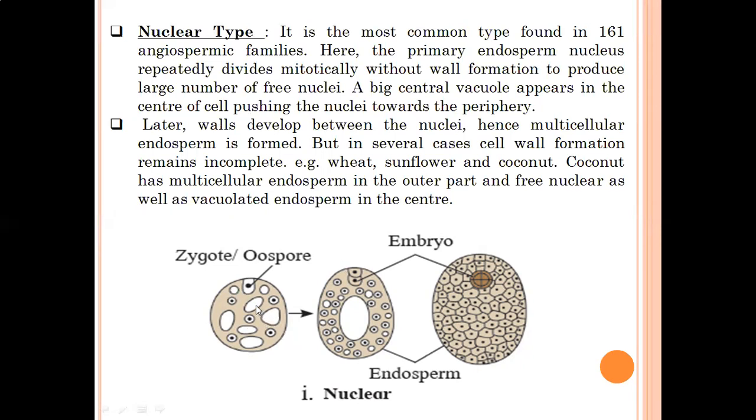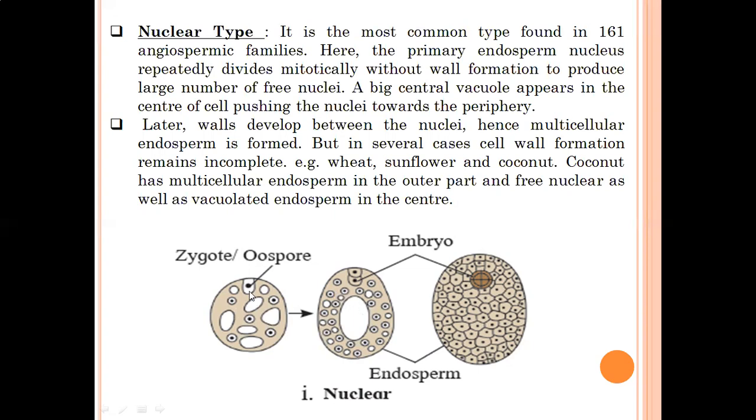Out of all these vacuoles, one vacuole occupies the central position, and due to this central vacuole, all the other nuclei are pushed towards the periphery. Here there are many vacuoles, but in the next steps only one central vacuole is present.